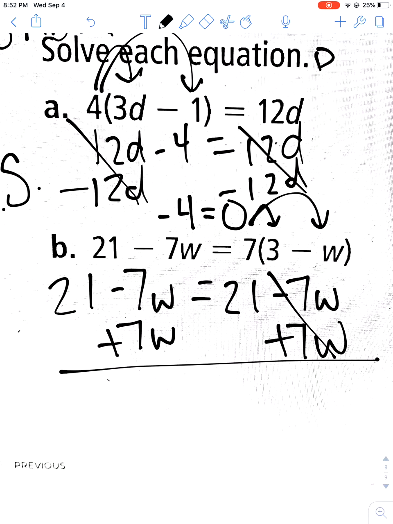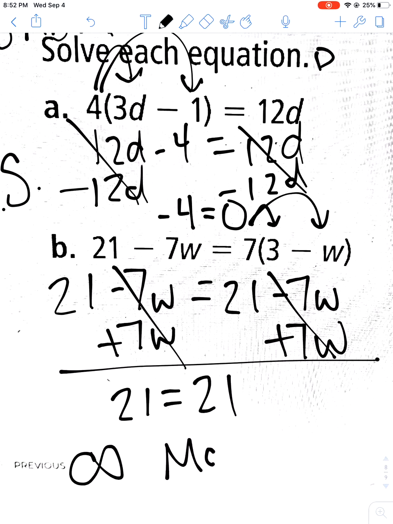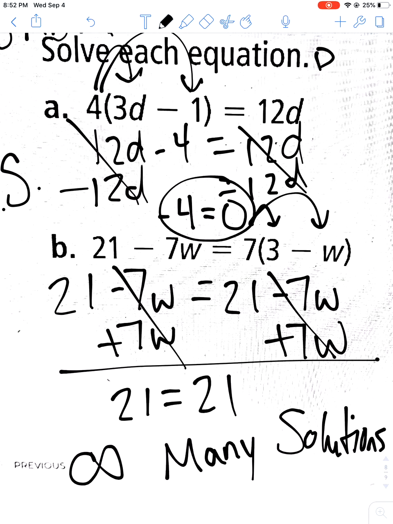But that cancels, and that cancels. So I end up with 21 equals 21. Is that true? Yeah, 21 does equal 21. So we call this an infinitely many solutions. So again, if you get something that doesn't make sense, that's a no solution. You get something that's true, it's an infinitely many.